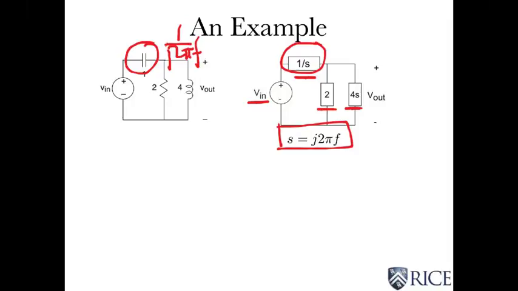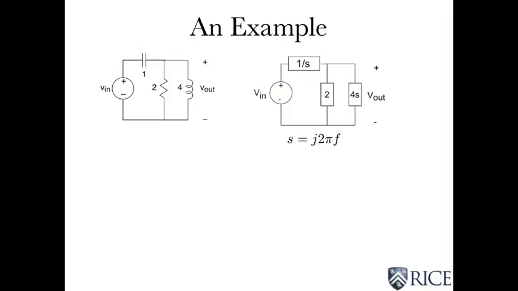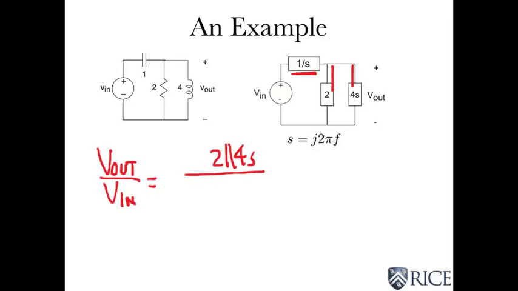Okay, so we now want to find V out. The complex amplitude V out is a parallel combination in series with that impedance. So I use voltage divider, and I find that V out over V in is equal to 2 in parallel with 4s, divided by 2 in parallel with 4s plus 1 over s.